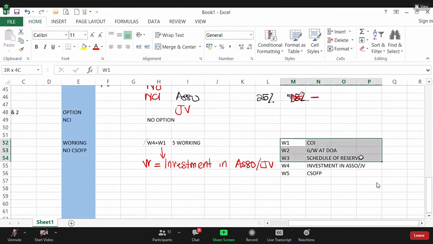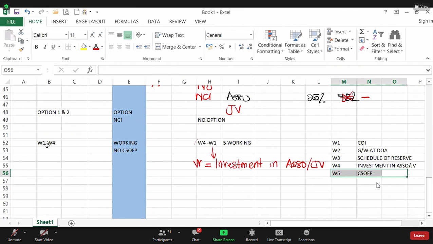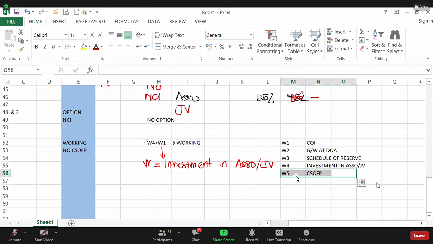Working 1 until 3 remain as usual, and consolidated SOFP will be working 5, because it is a financial statement and we have to make it last. Before, if you have a holding and subsidiary, consolidated SOFP becomes number 4. But when we have an associate, consolidated SOFP becomes the last. So before number 5, we have a new working, which is investment in associate.